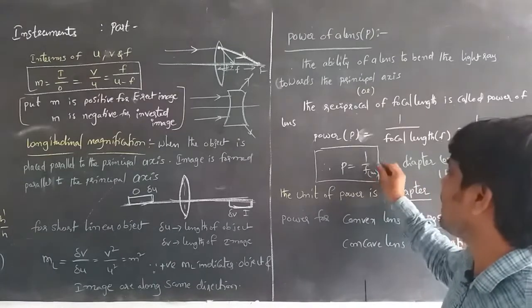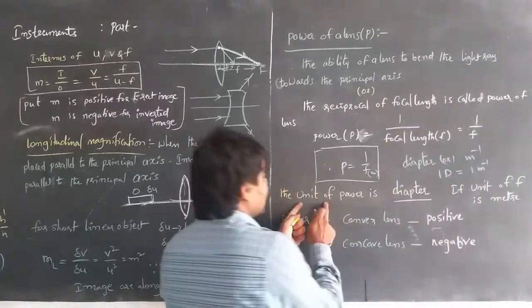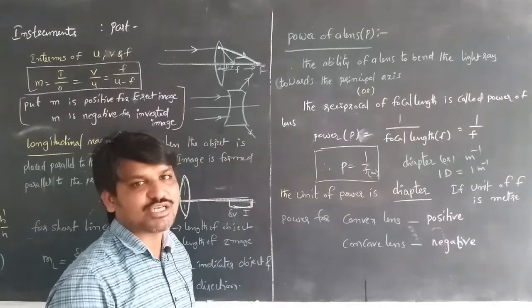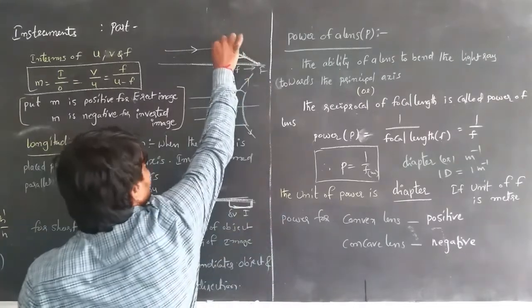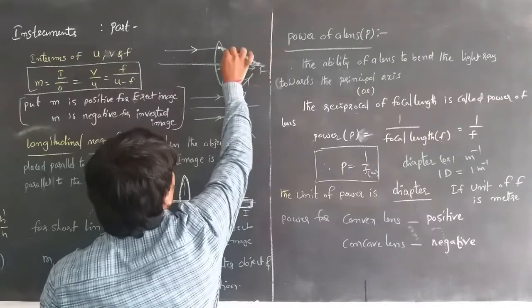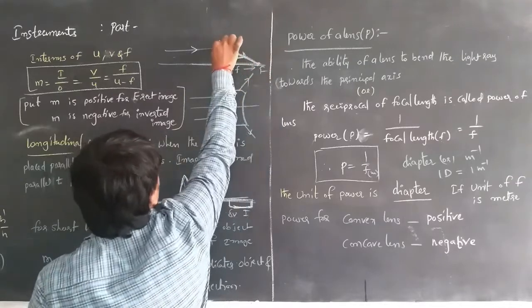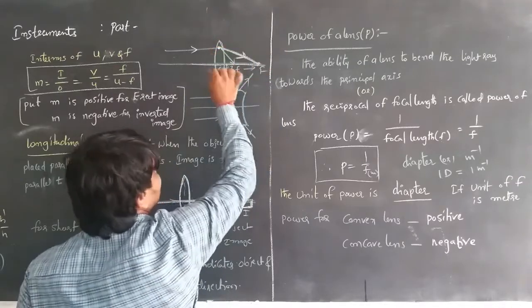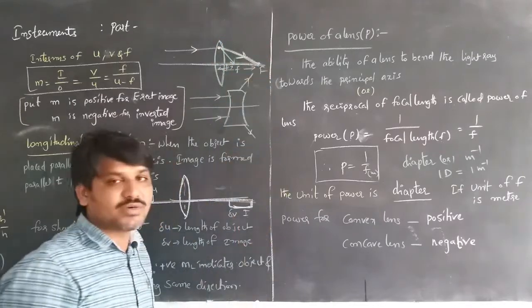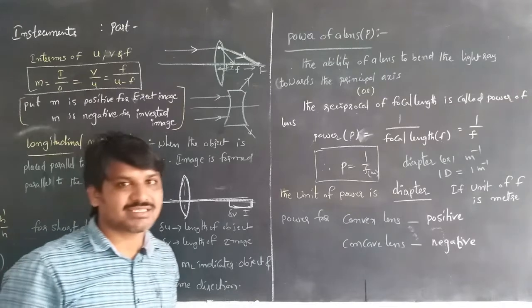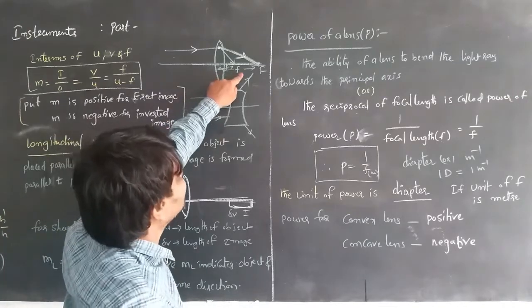The value of power is taken as positive for a convex lens, because convex lenses converge the light rays, moving them towards the principal axis.